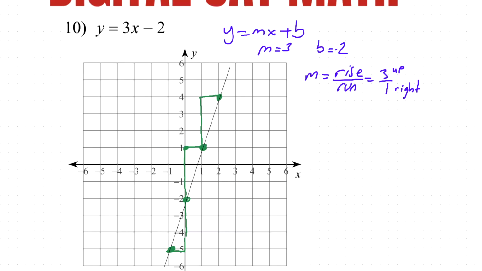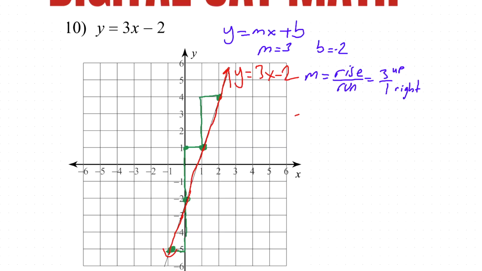It goes from this point to this point, 3 steps to the right. Yeah, this is how you graph it. And when you're done by graphing it, you're supposed to write the name of the graph, the equation of the graph on top of that.